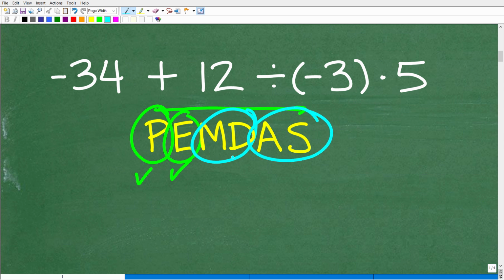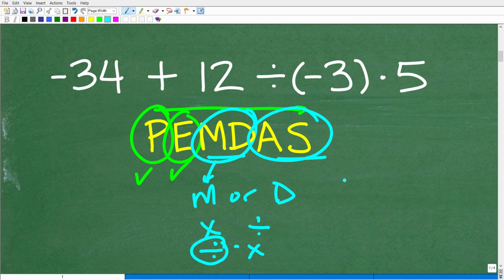The M and D stand for, you're going to do multiplication or division, whatever you see first from left to right. So if we have multiplication, then division, from left to right we'll go this way. But if we have division, then multiplication, we have to take care of the division, then the multiplication. So this is a group, and the addition and subtraction work the same way. It's whatever we see first from left to right.